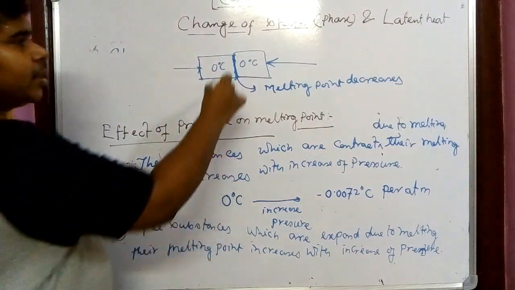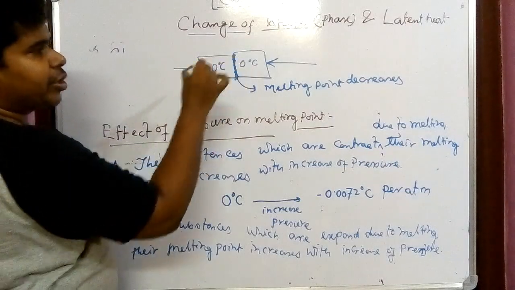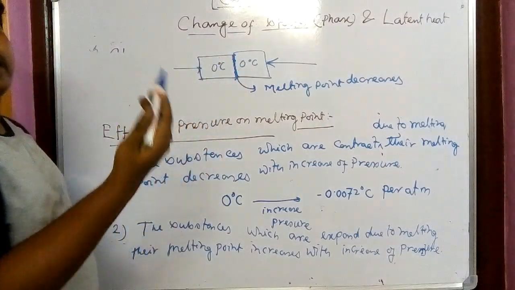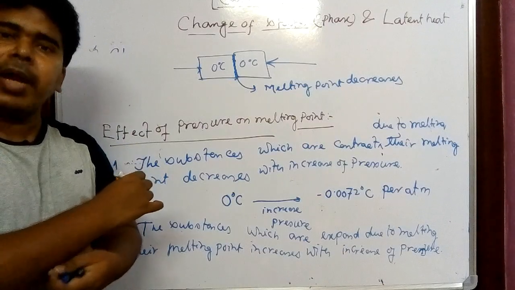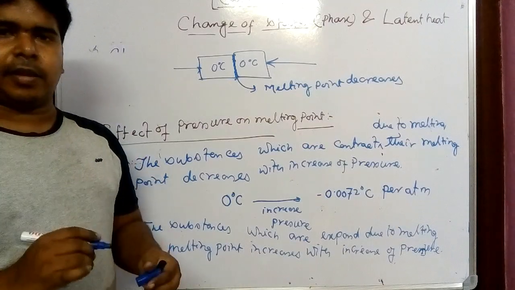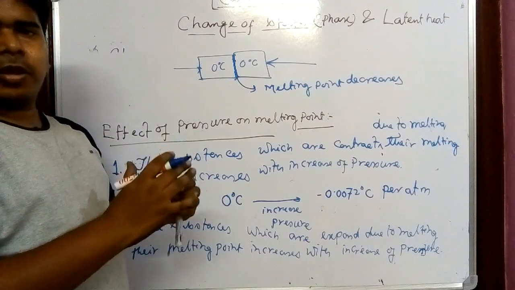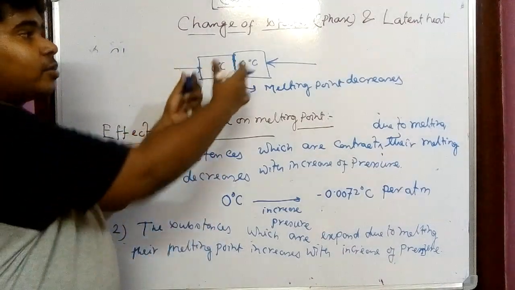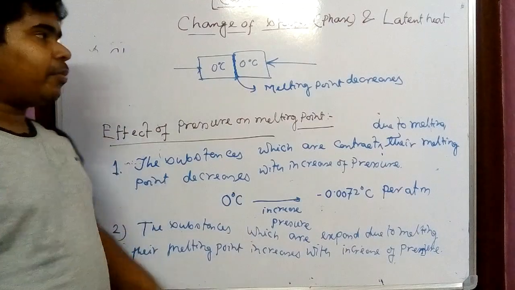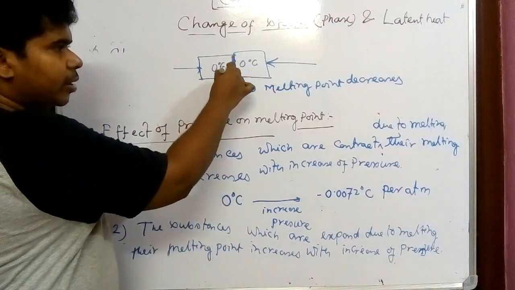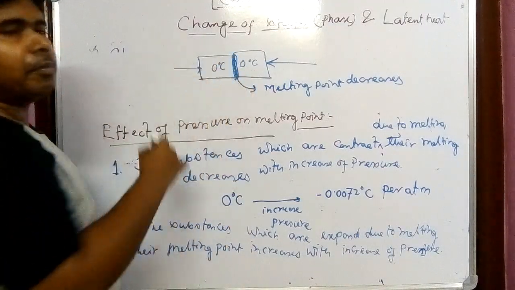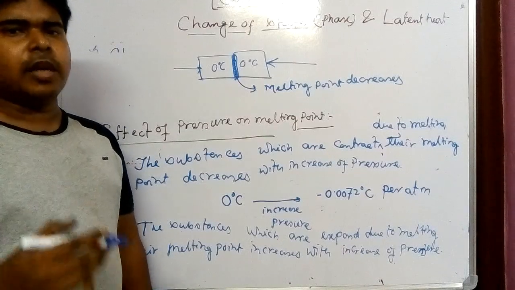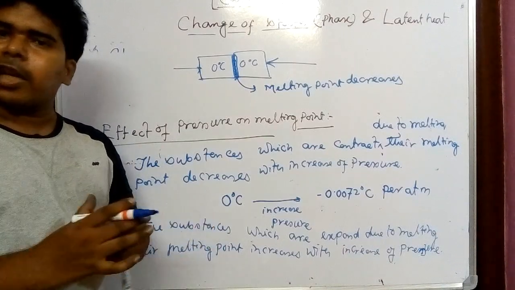For that case, in this joining portion, the ice melts at 0 degrees centigrade. Why? Because due to the pressure, the melting point decreases below 0 degrees centigrade, and the ice is already at 0. So at that temperature, the ice in this portion melts, meaning it converts into water, so they connect to each other.